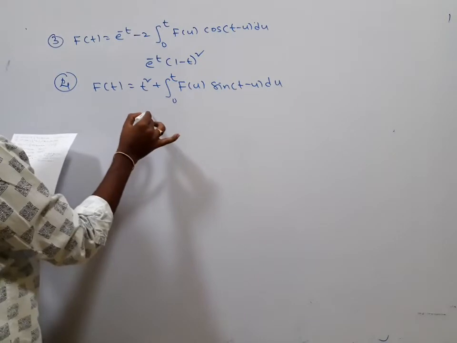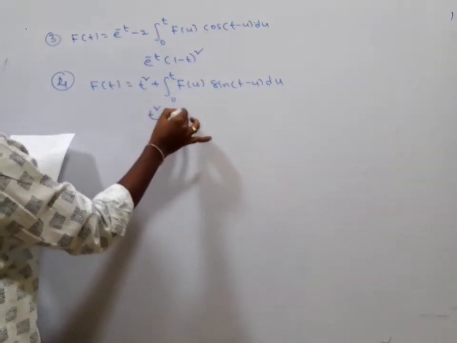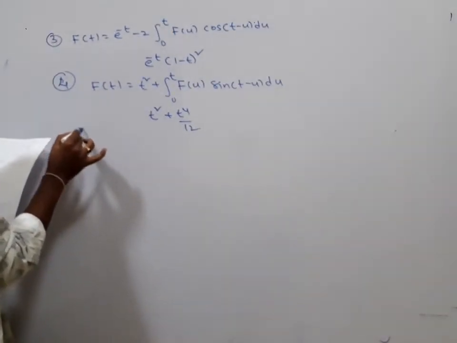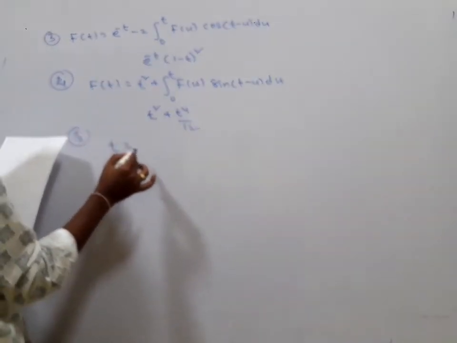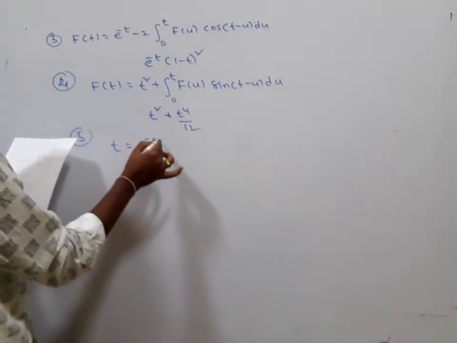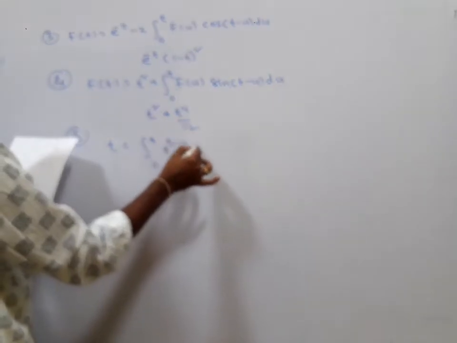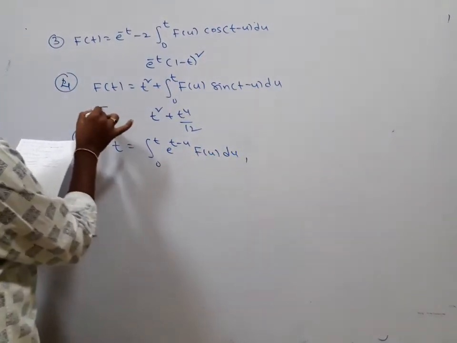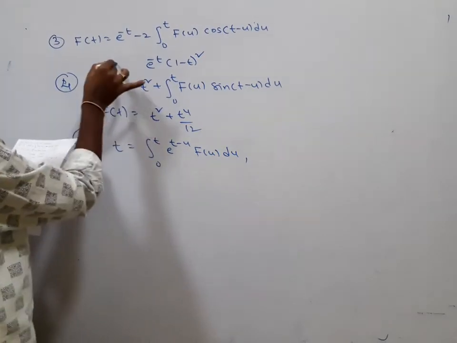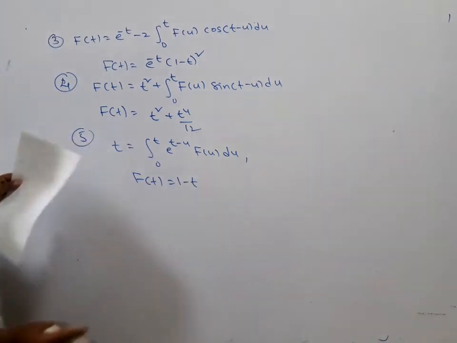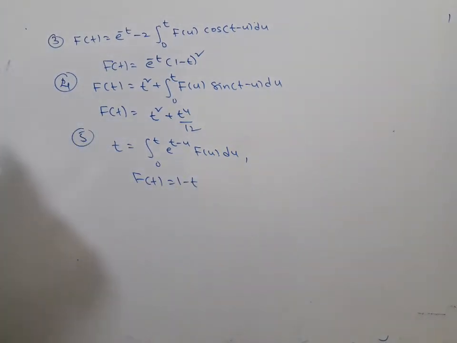The solution is f of t here. Here the solution f of t is equal to 1 minus t. Solve these three problems and verify whether your solution is correct or not.